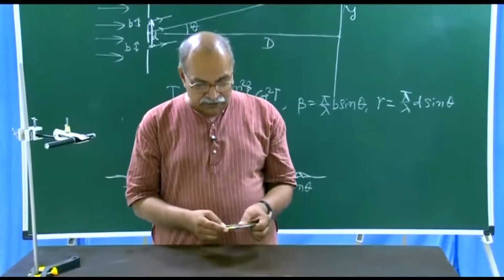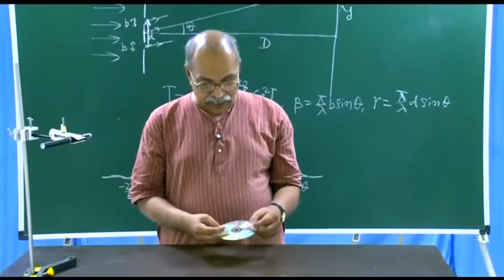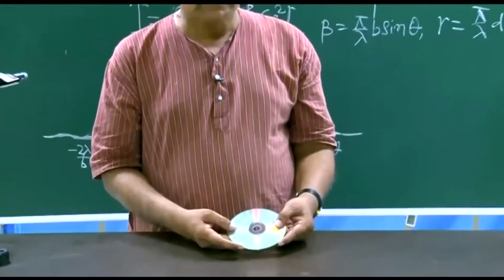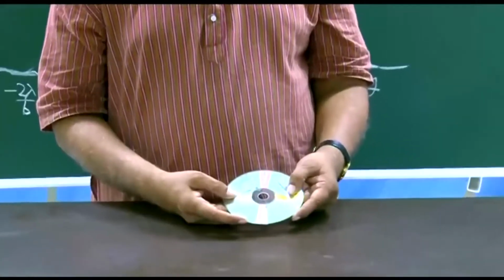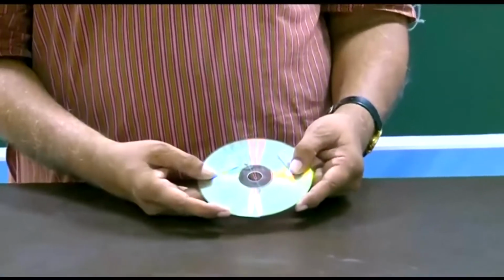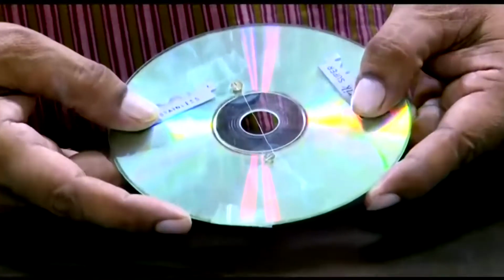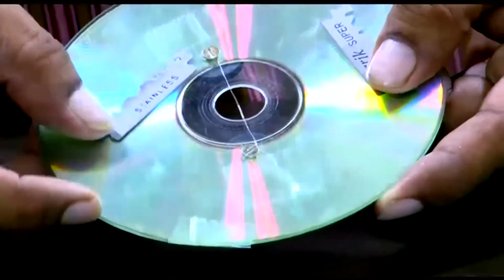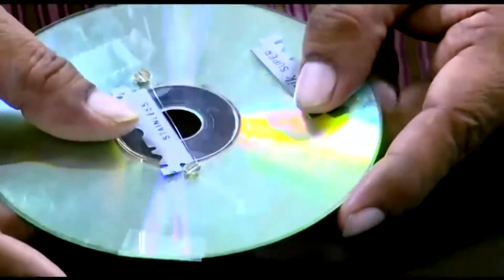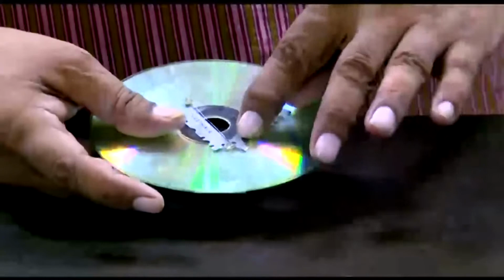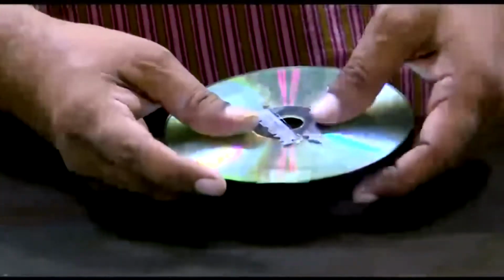To make the double slit, we have taken once again a CD, and across that central hole we have fixed a thin wire, and then two pieces of razor blade that we are putting on the two sides of this wire.